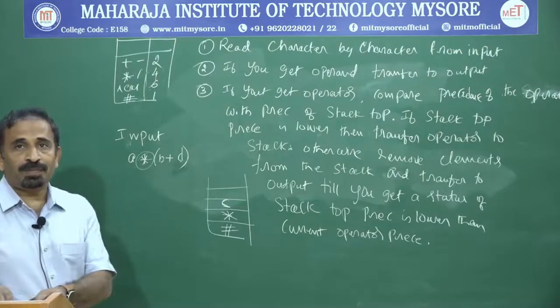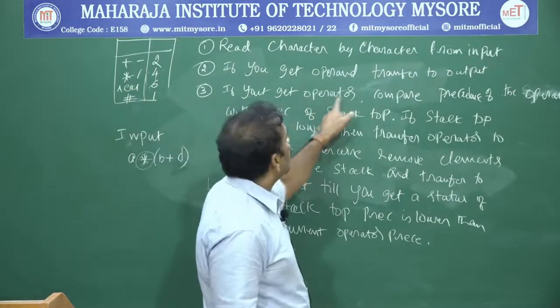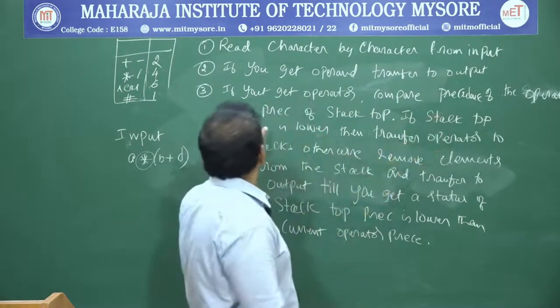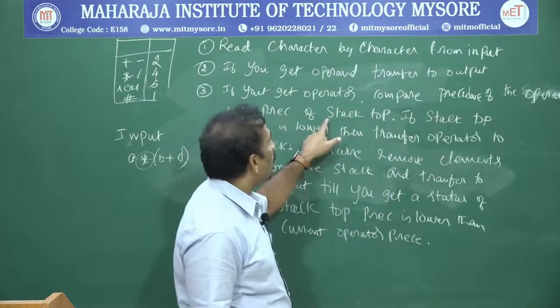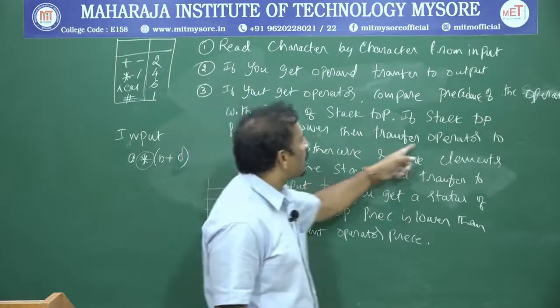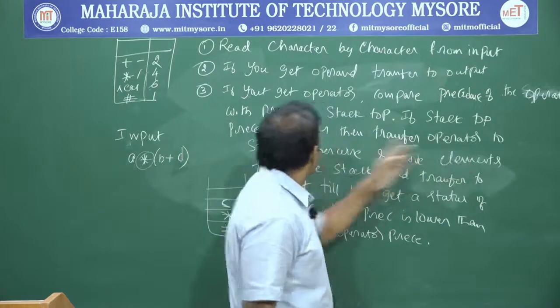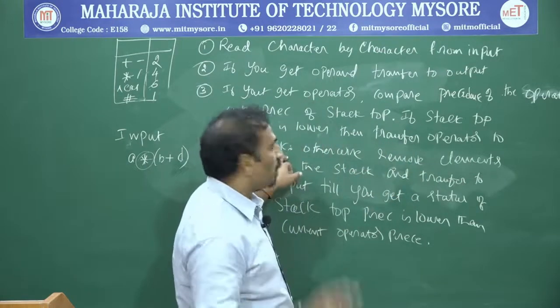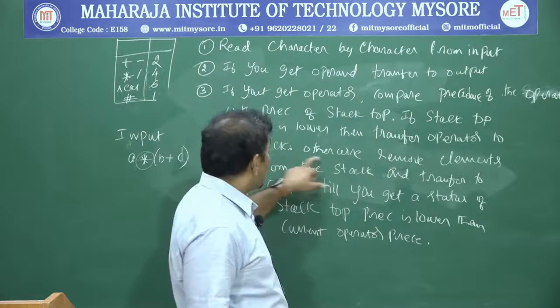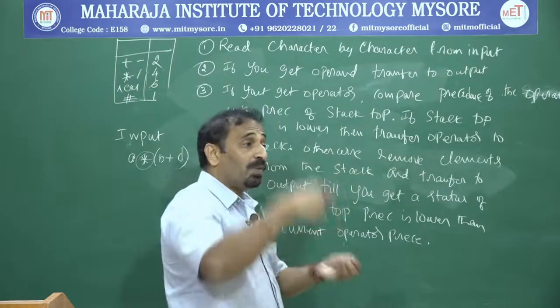You have to observe this carefully. If you get an operator, compare the precedence of the operator with the precedence of the stack top. If the stack top precedence is lower, then transfer the operator to stack. This is straightforward. Else, remove elements from the stack one by one.